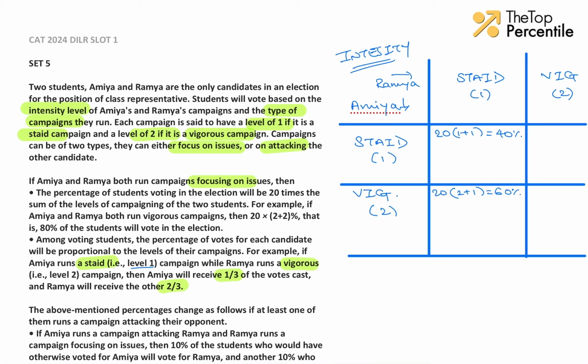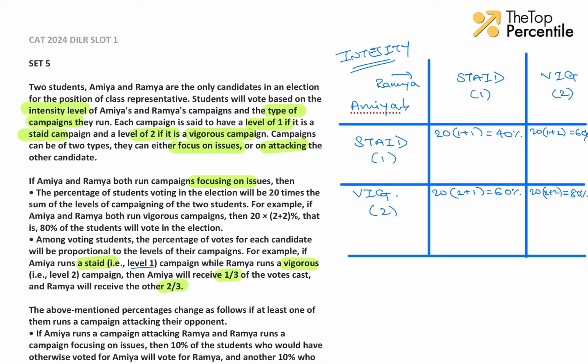This is the voter turnout that we are calculating. This will be 20 into 1 plus 2, that is 60%, and this is 20 into 2 plus 2, that is 80%. Now we have calculated the voter turnout here.